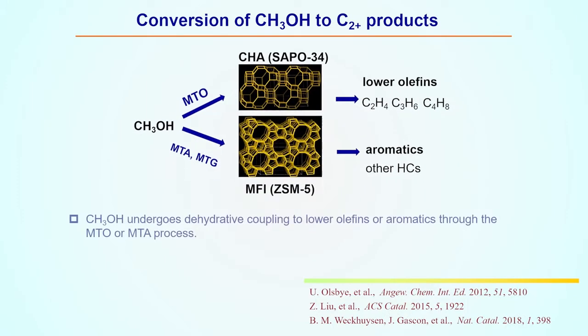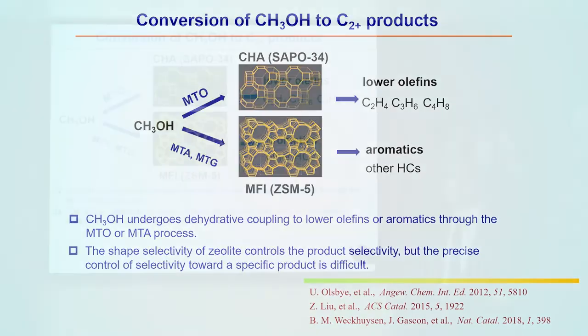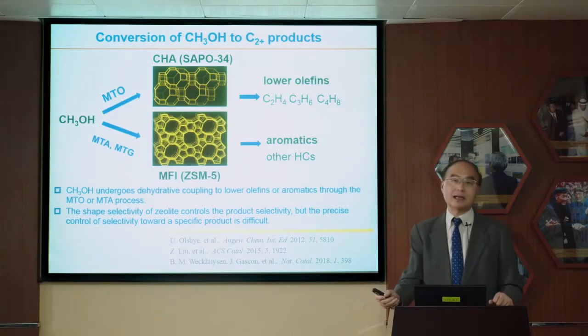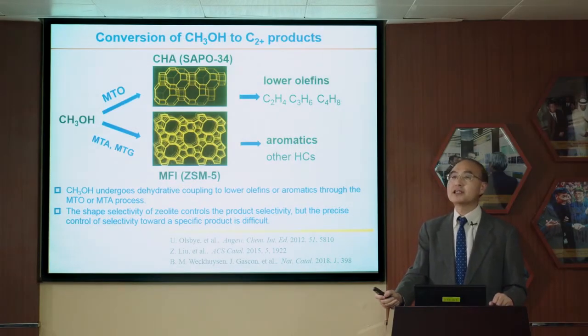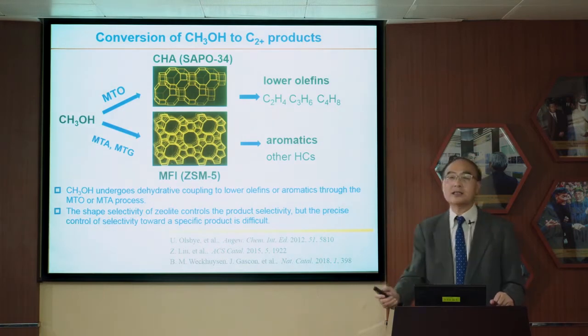Methanol undergoes dehydrative coupling to lower olefins or aromatics through the MTO or MTA process. So the shape selectivity of zeolite controls the product selectivity, but the precise control of selectivity toward a specific product is still difficult.